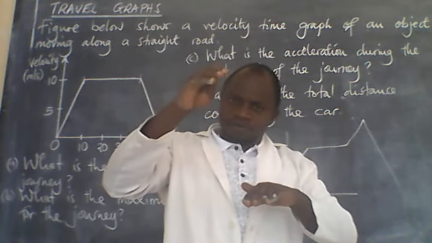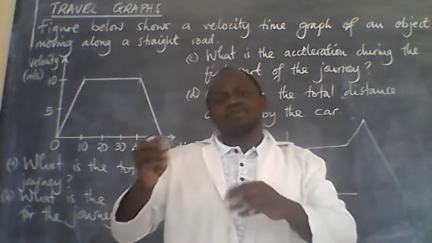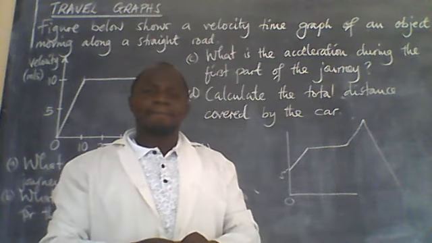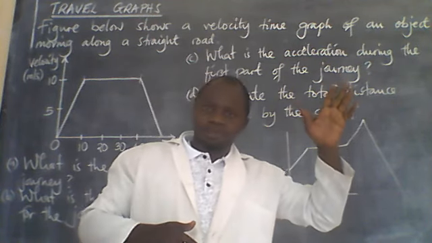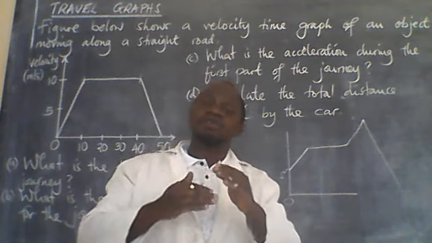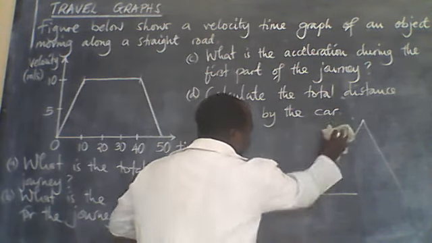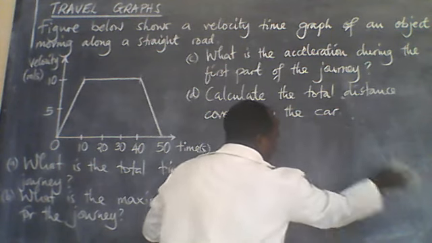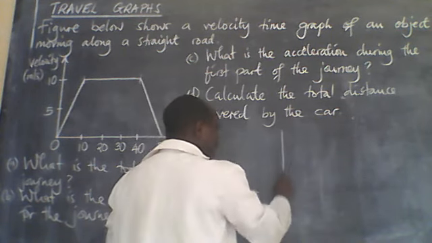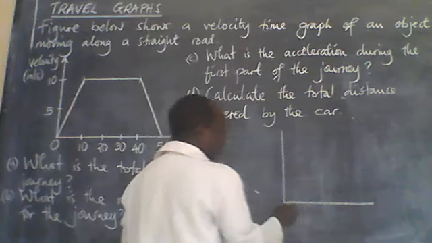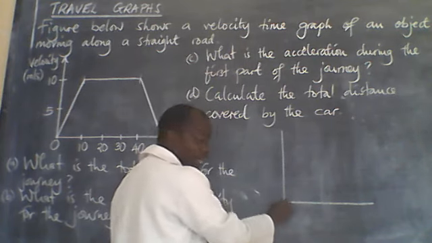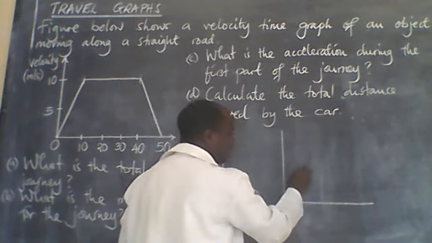When you start off again after buying something, the graph will still be able to change. So let me draw it nicely here. You are here. When you start, this is the meaning.